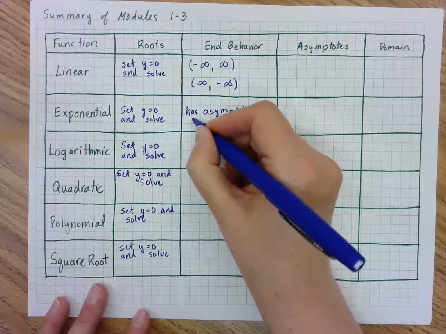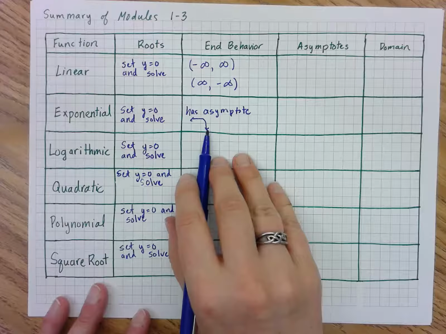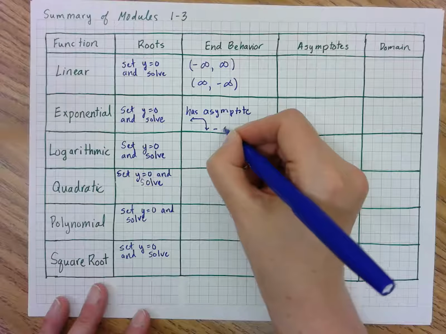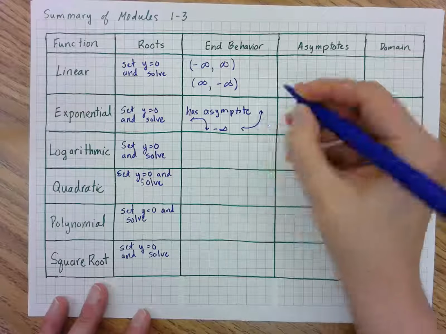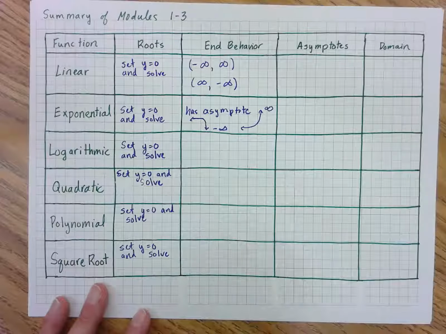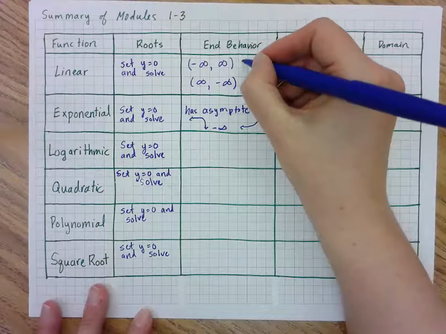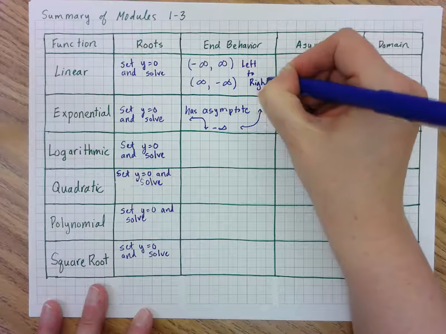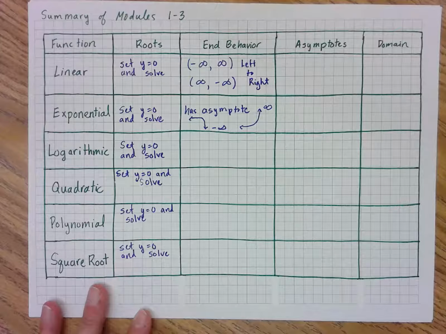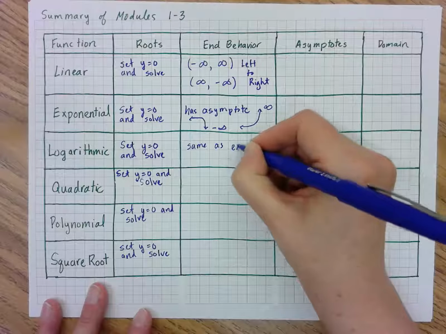And so I have one end that can be getting very close to a value, and the other end can be going to negative infinity. Or I can have one end being close to a value and the other end going to positive infinity. This is reading this left to right. Logarithmic, same scenario. So same as the exponential.